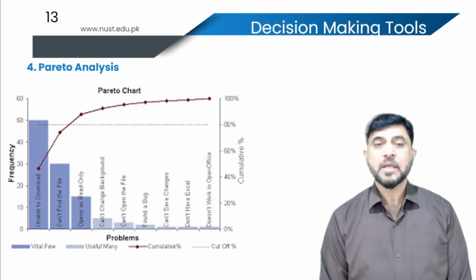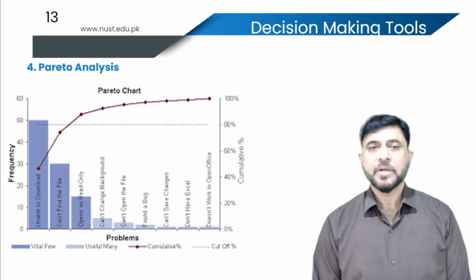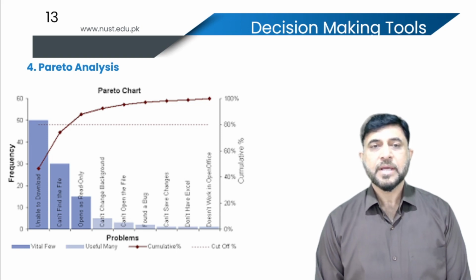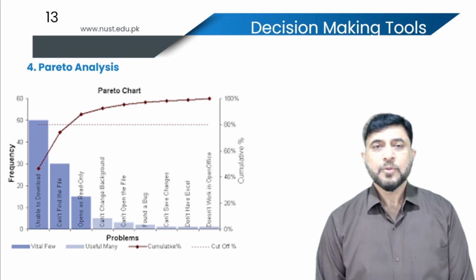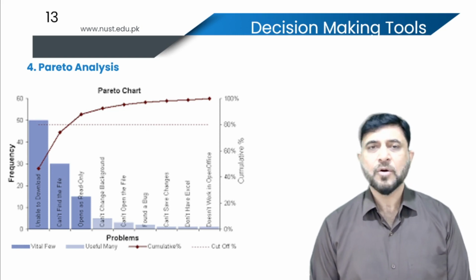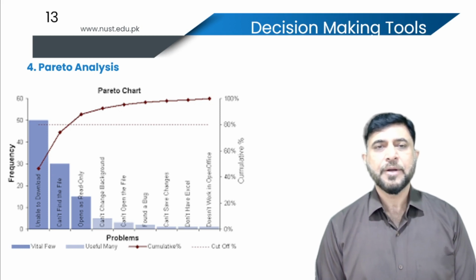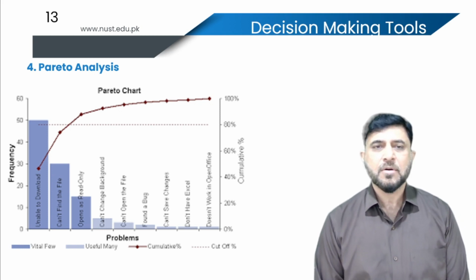So this is the graphical depiction of Pareto analysis. You can see that the first 2 bars are the most important bars. Let's say you are focusing on problems of your organization, you can see that most of the problems, meaning 80% of the problems, are due to only 20% of the causes.